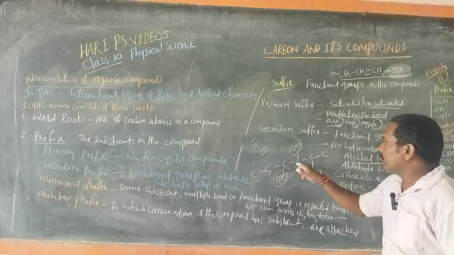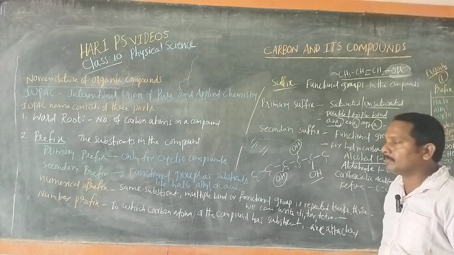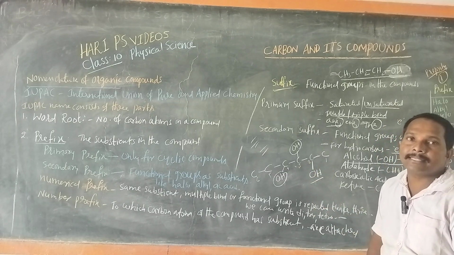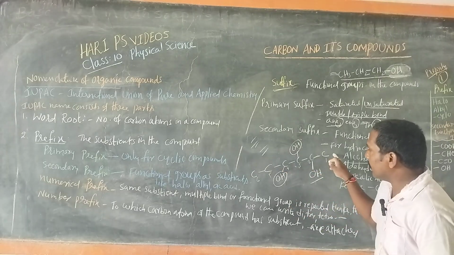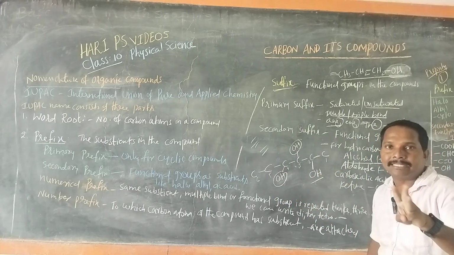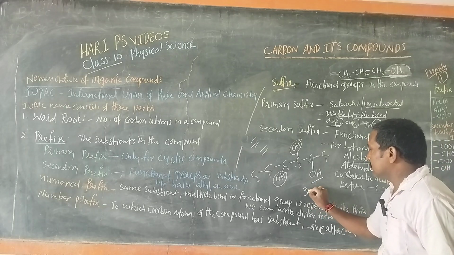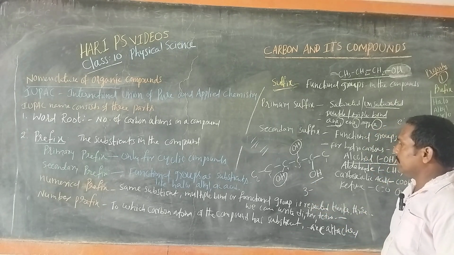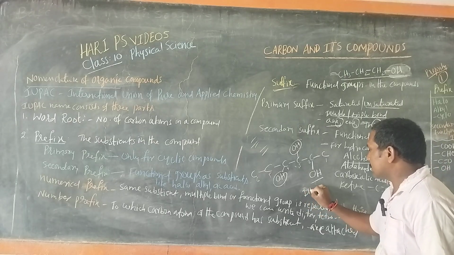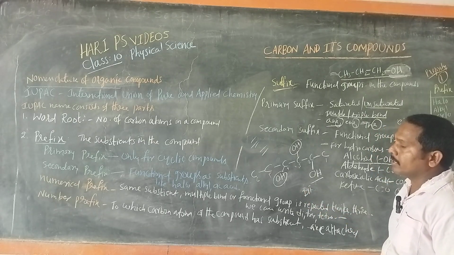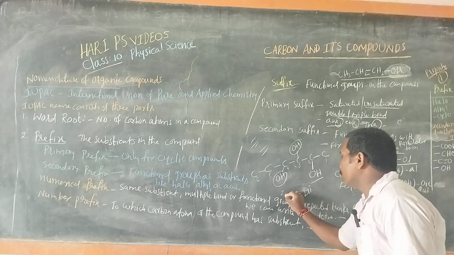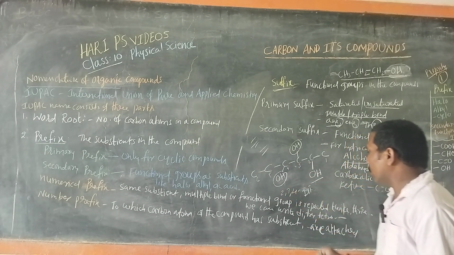So 1, 2, 3, 4, 5, 6, 6 carbon atoms are there. All single bonds. Hexane. So how many OH groups are there? 3. Right? 3 means you can write tri, on which carbons: second, third, fourth. So 2, 3, 4.